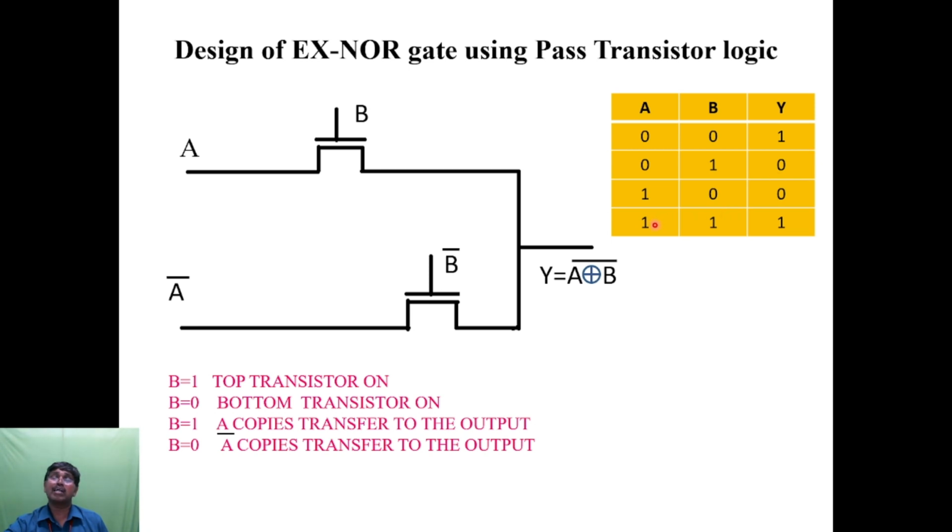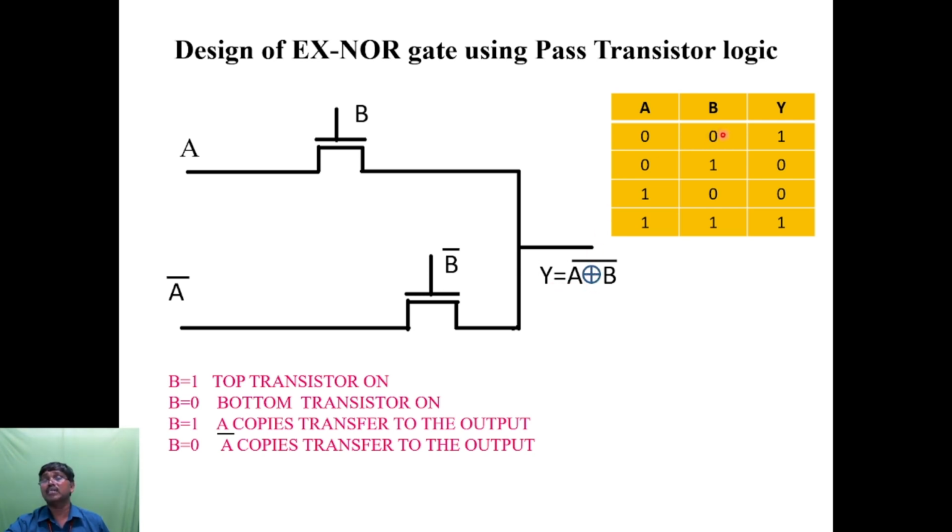Similarly, when A is equal to 1 and B is equal to 1, the output will be high. So when A and B are in the same state, the output will definitely be high. That is why here it is Y is equal to the XOR of A and B, the whole bar.